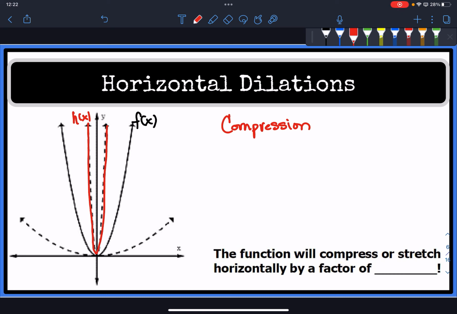And in order to get this red graph, this h of x, what we do to our function f is multiply the x values, because it's horizontal, so it affects the x coordinates, by some scale factor b, but that value of b has to be greater than 1.